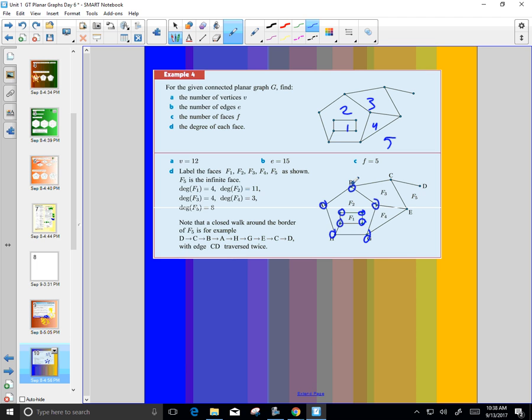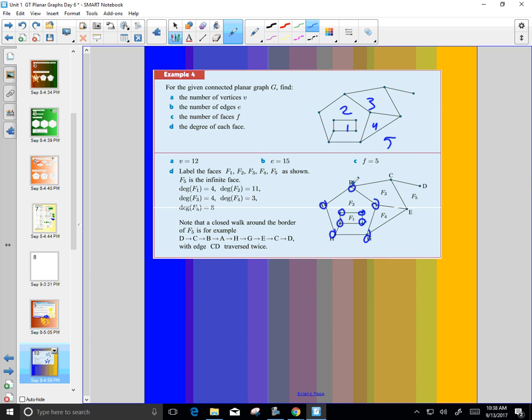Are you starting at H? You have to end and start at the same point. Yes, but you don't count the point twice at the end. But like this one, you're going to have to go 1, 2, 3, 4, 5, 6, 7. Let's go 1, 2, 3, 4, 5, 6, 7, 8, 9, 10, and then they got 11 for that one.